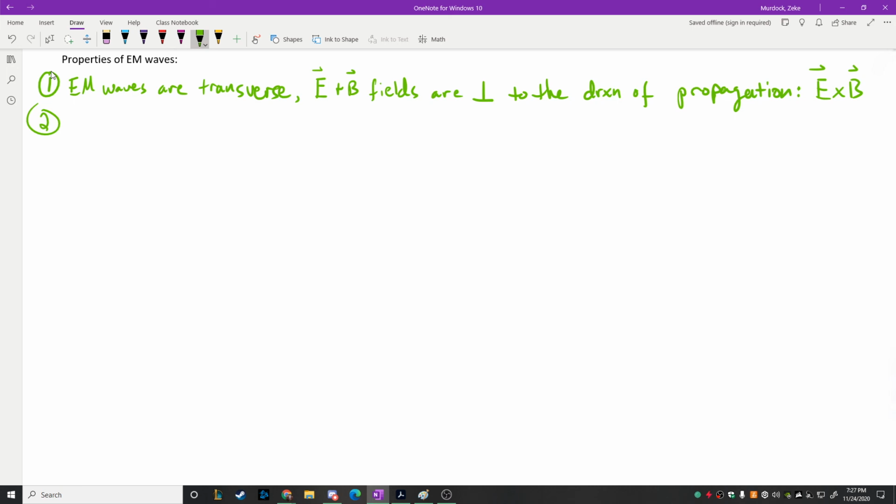There is a fixed ratio between E and B. And that ratio is that the electric field is equal to the speed of light times the magnetic field.